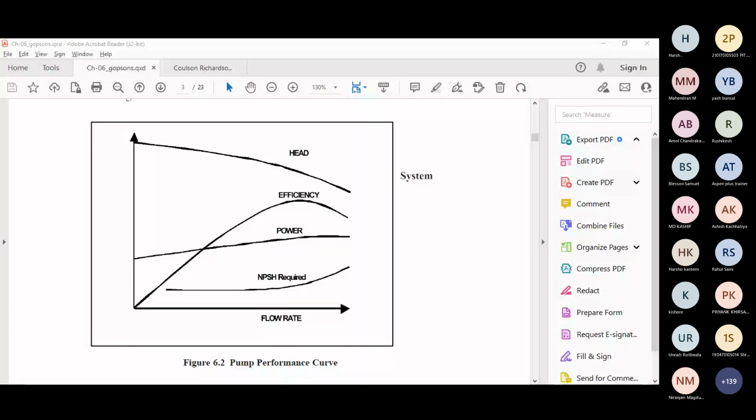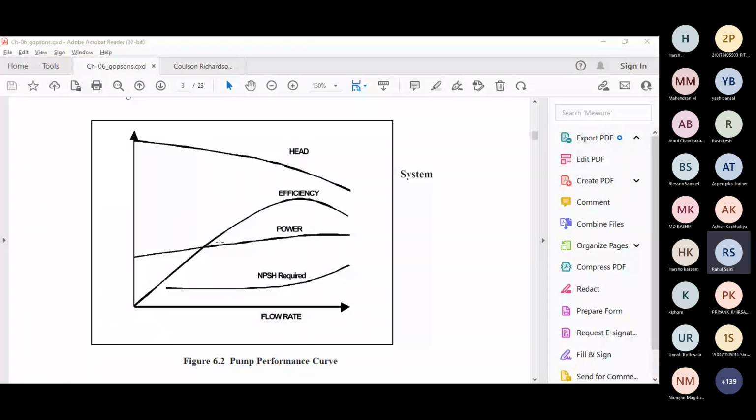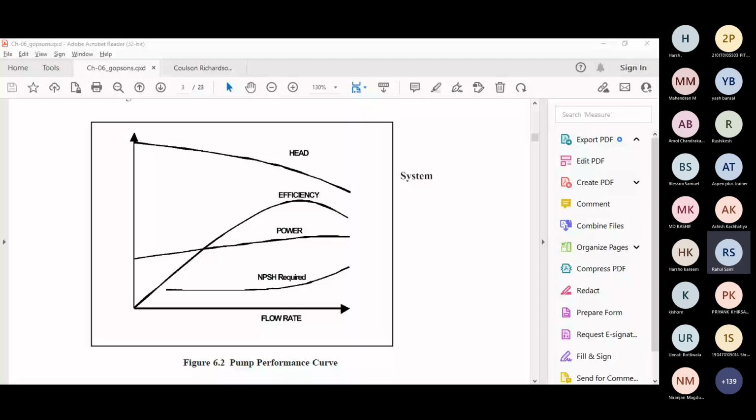Okay. But the same situation will happen in the positive displacement pump also, na? If we increase the flow, at the same time the friction losses will increase inside the pipe. Yes, definitely, in a centrifugal pump also there is some best efficiency point, right?